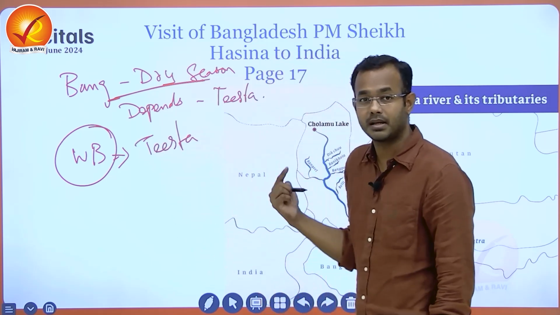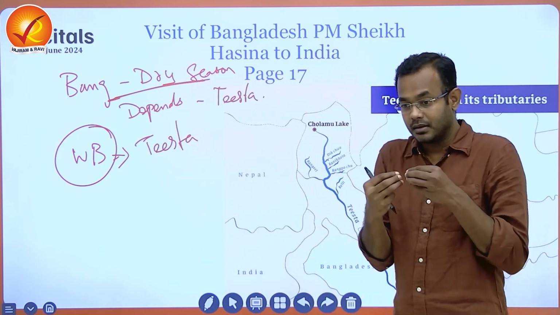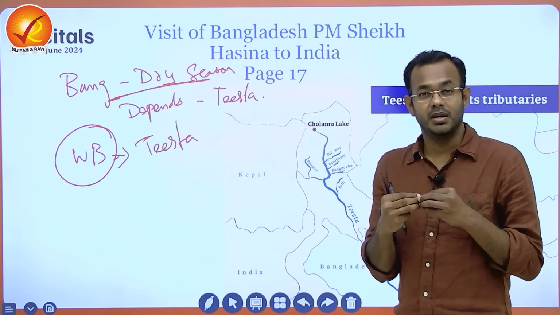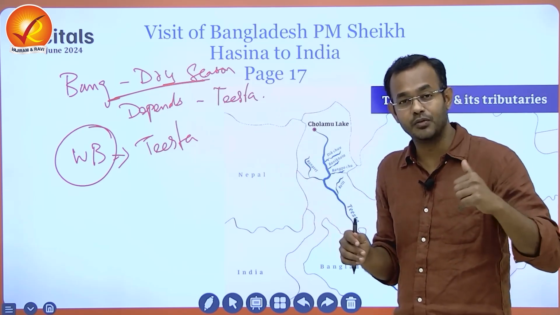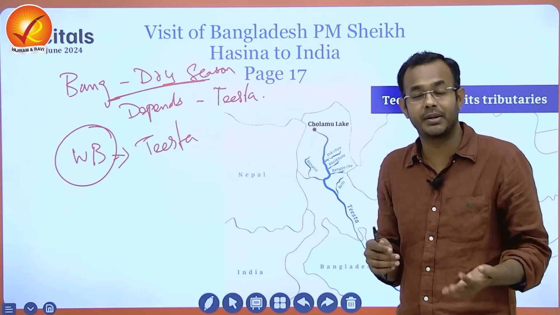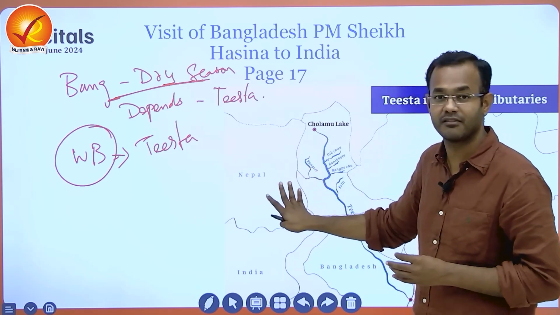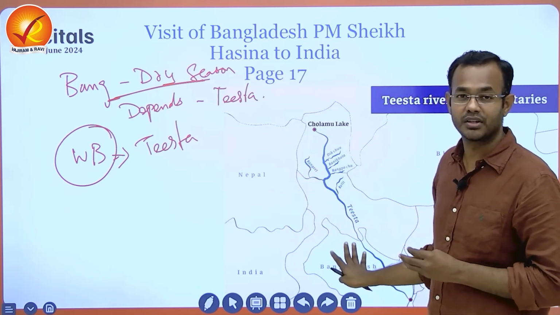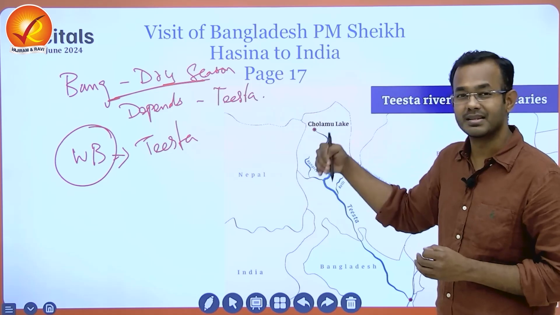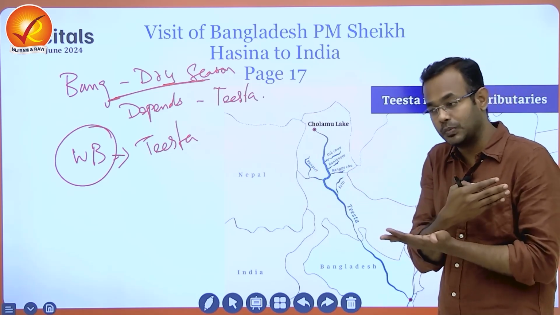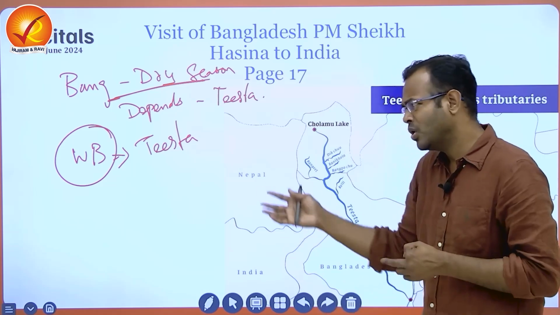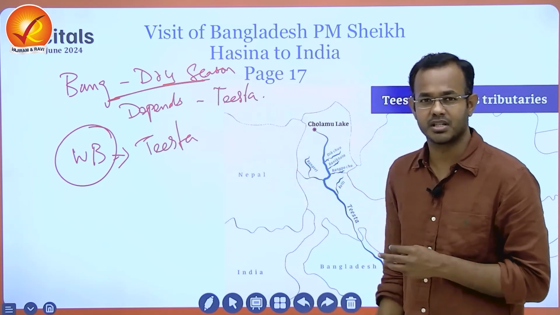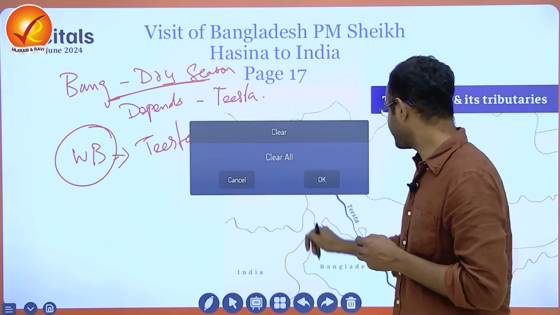So it creates a point of discussion between India and Bangladesh because the same river provides livelihood, agriculture, hydroelectric power and industrial development to the state of West Bengal and also to the country of Bangladesh. That's why it has been in discussions periodically over multiple years, and multiple rounds of talks have also happened. More about it, your international relations faculty will discuss.